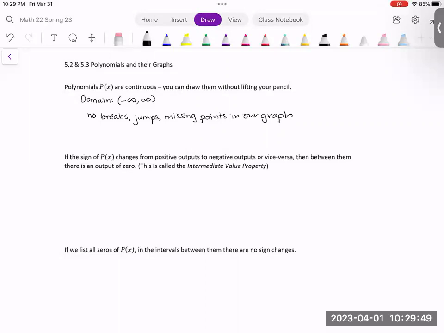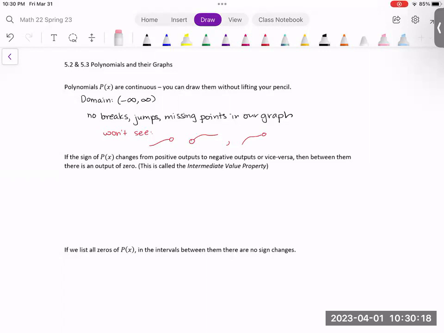So some things that we won't see in our graph are, so no breaks, where we have the function defined and then a gap and then the rest of the function. We won't see any missing points. Jumps.